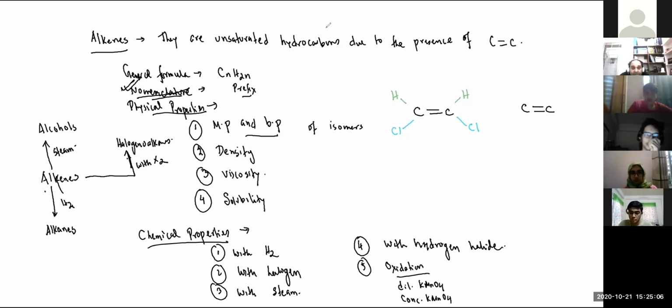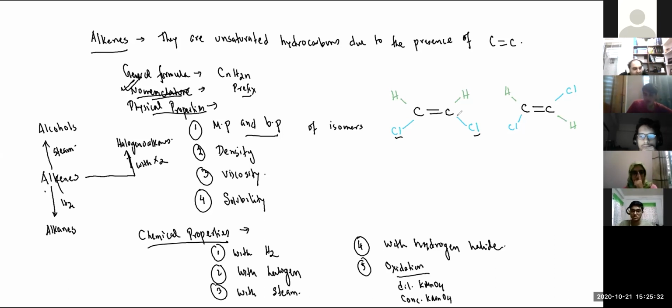Both the functional groups are in the same plane. Good. And then if we have this hydrogen, this hydrogen, this chlorine, and this chlorine, what is this? Trans isomer.